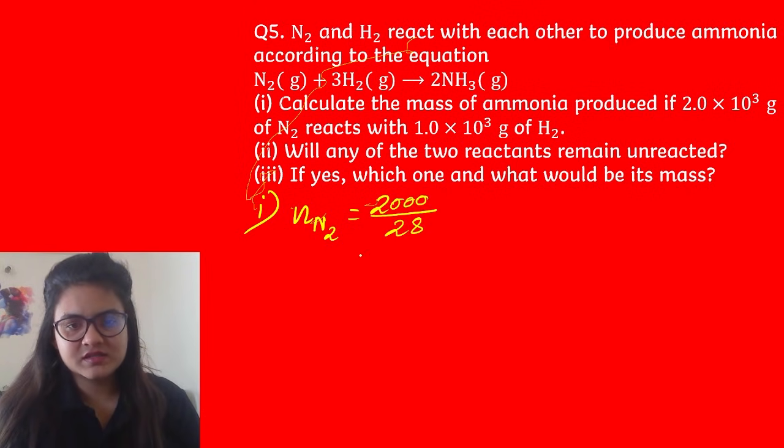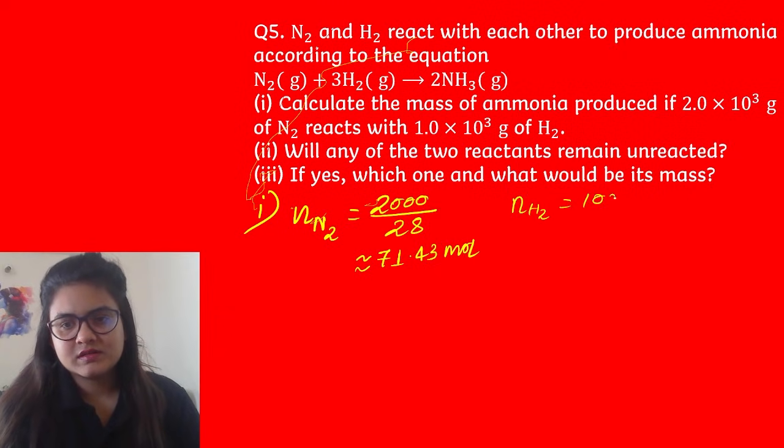That is 71.43. Now I calculate the same for hydrogen. Hydrogen is given as 1000 divided by 2, that will give you 500.